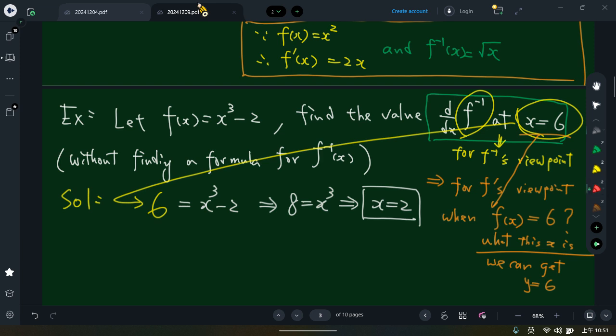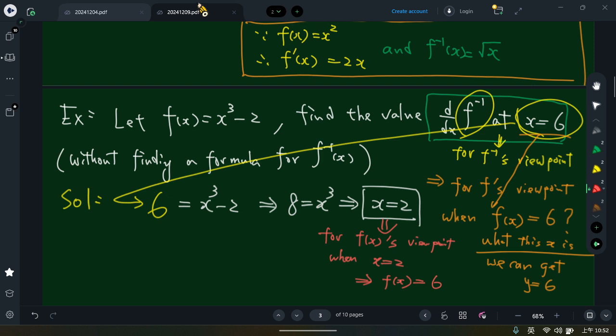That means for the f of x viewpoint, when x is equal to 2, we can get f of x is equal to 6. But for inverse, this should be x. For the original function, this should be x. Okay, so this is x. This is f of x. This is x for different angles.